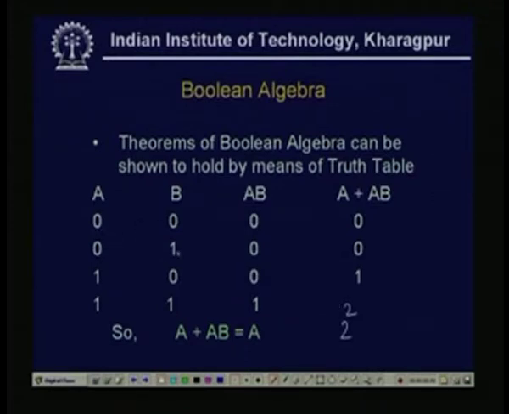So, 0 0, 0 1, 1 0, 1 1. What will be AB? 0, 0, 0, 1. What will be A plus AB? 0 plus 0 is 0, 0 plus 0 is 0, 1 plus 0 is 1, 1 plus 1 will be 1.